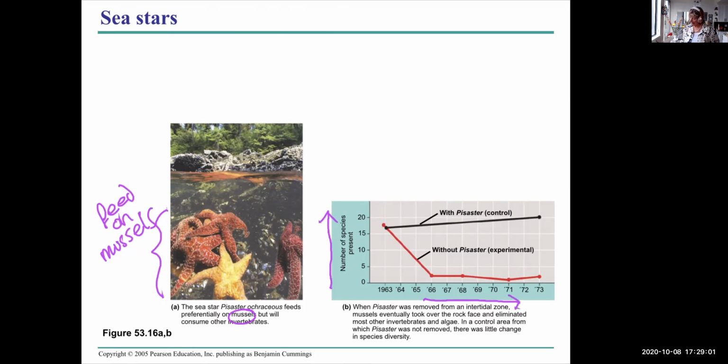At this time, 1963 or so, the sea stars were removed from one area, and another area remained the same. With the sea stars removed, the number of species dropped considerably.